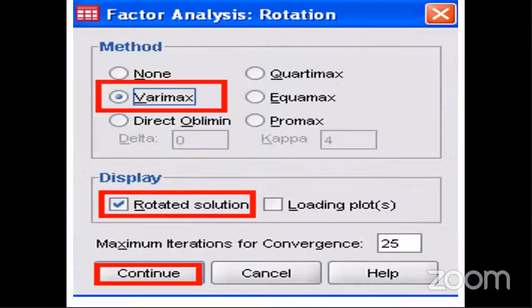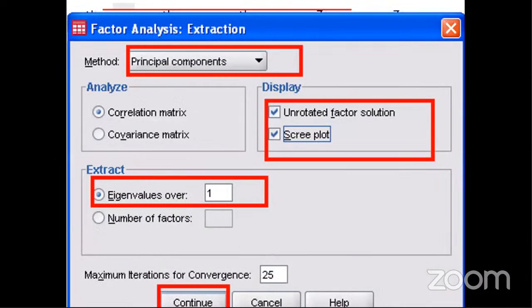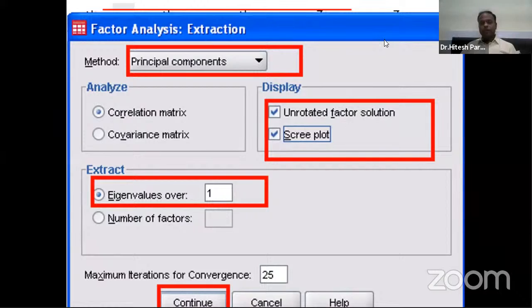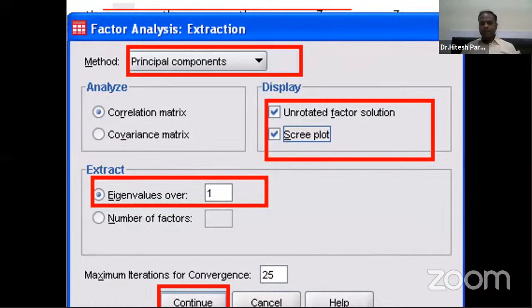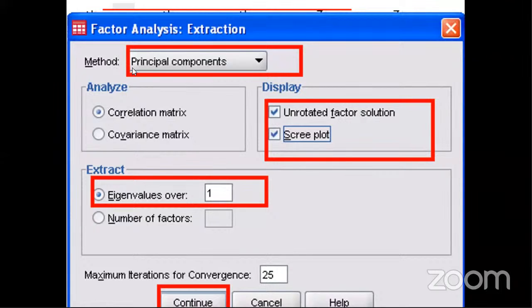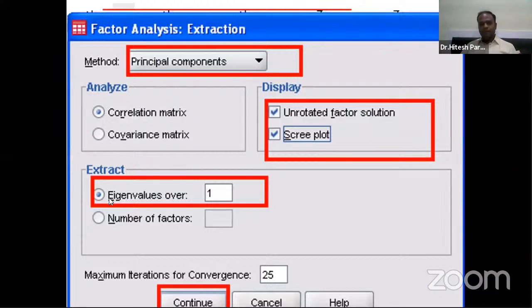So the first one is 4.578. The second one is 3.464, and the third one is 1.006, and the fourth is 0.874. Just a minute. Did you change anything from this method? No, sir. You may try this again. In the extraction method, you need to select principal component method and eigenvalue greater than 1 by default.